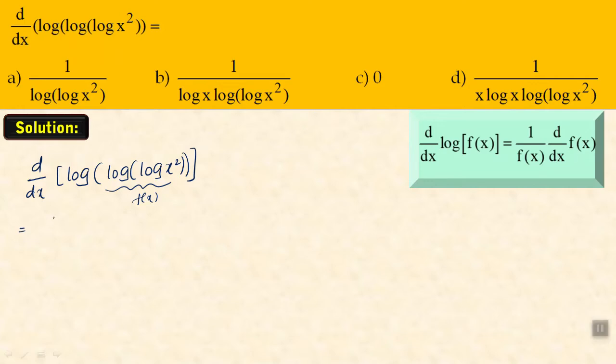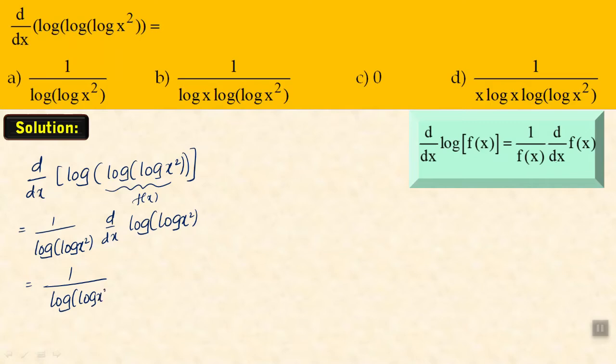Applying this formula here, 1 by f of x, that is log x square, into d by dx of f of x, that is log x square, is equals to 1 by log x square.